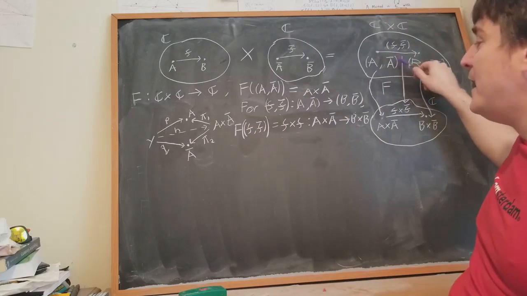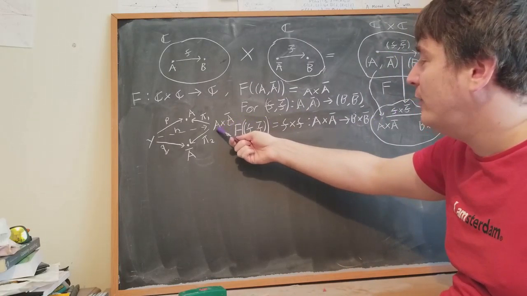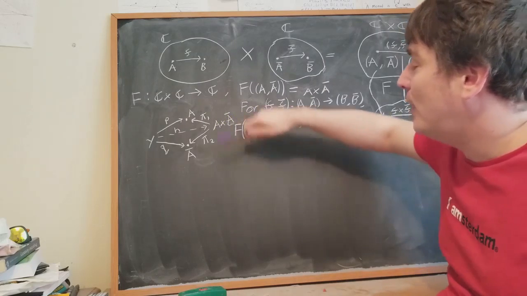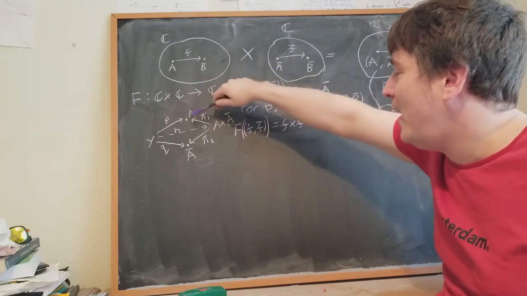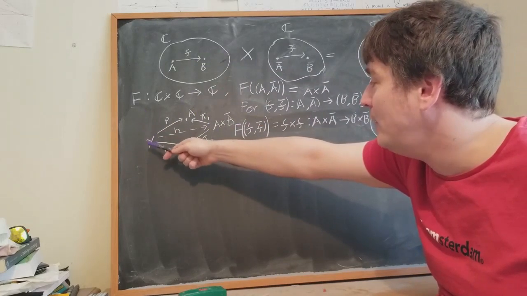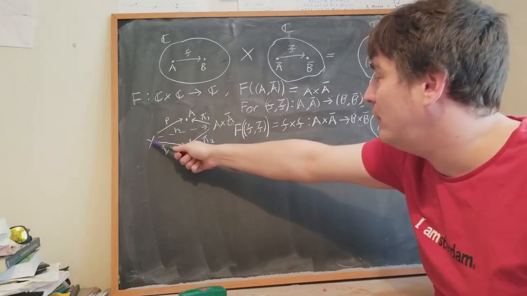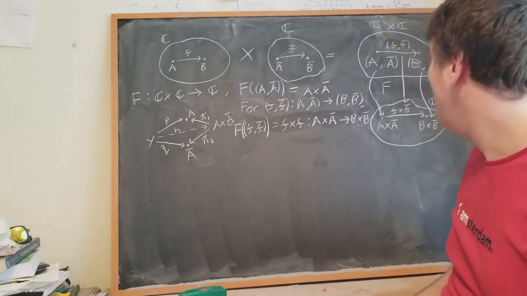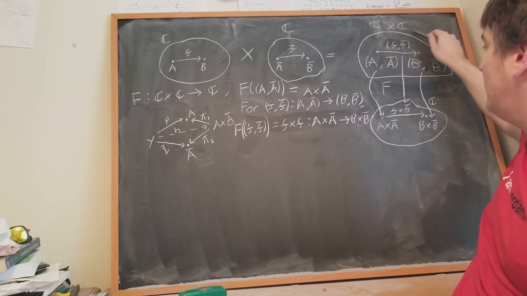So we can just take A and A bar and then say, I can find an object which I'll call A times A bar, which has these projections into A and into A bar, and it has this property that for any other object Y, which also has arrows into A and A bar, we can find this unique intermediary arrow that makes this diagram commute. Okay, so we'll do that for every object in this category C times C.